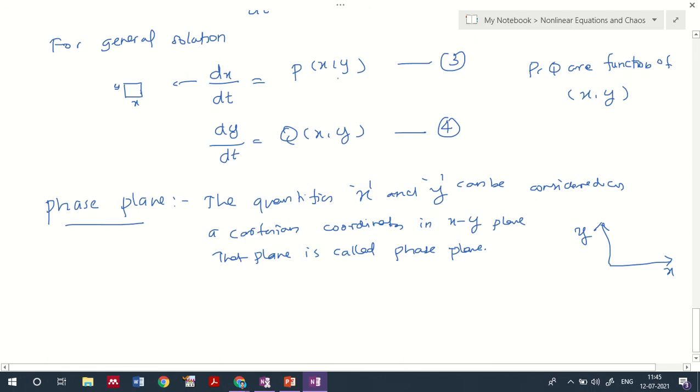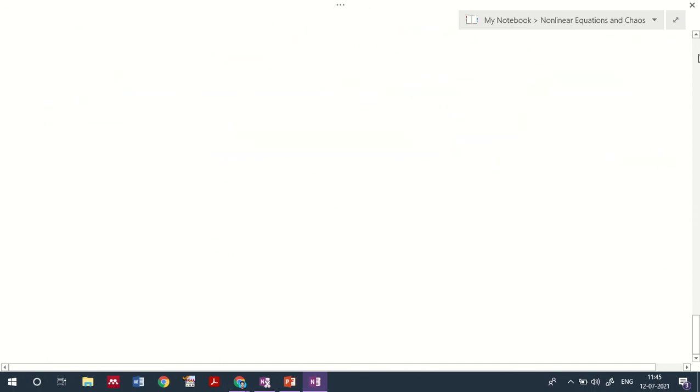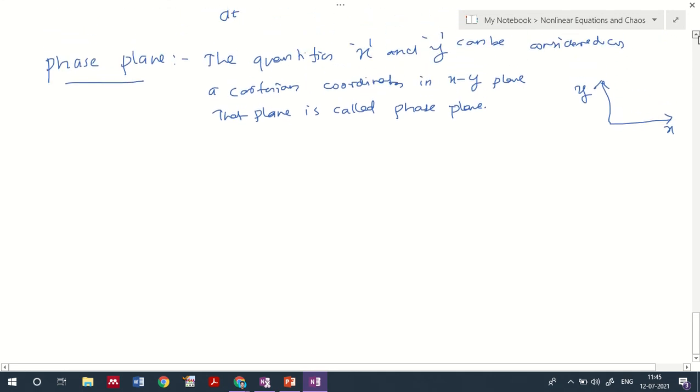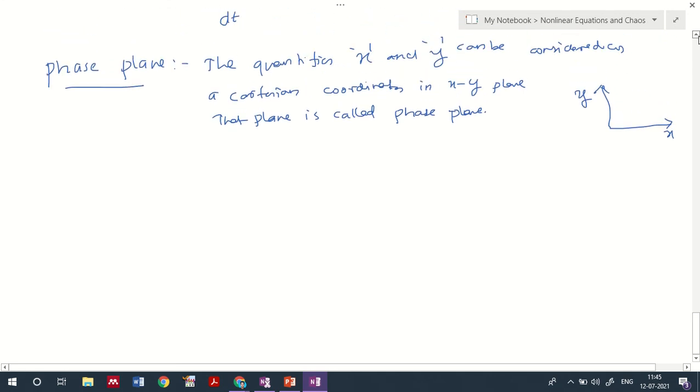So p of x, y is giving a phase plane corresponding to that, where x and y, where p is a function of x and y. If you just give this, you will be getting an area corresponding to that. So we got an area or a phase plane where x and y we consider as Cartesian coordinates.